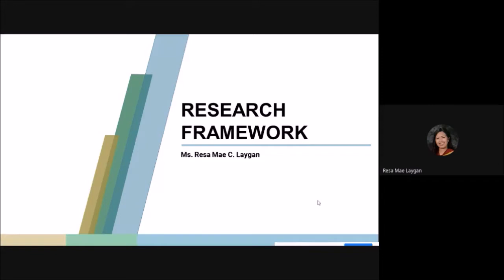The research framework is very important because this will serve as the foundation of your research, or the structure of your research. Just like when you build a building, you are going to have first the structure so that it will strengthen the foundation of your building.